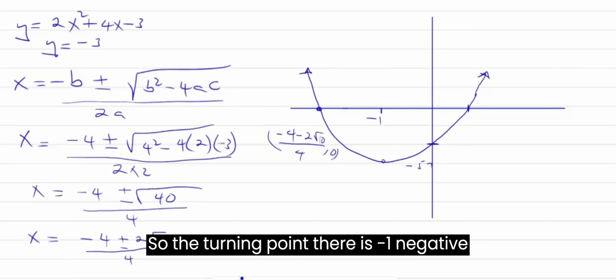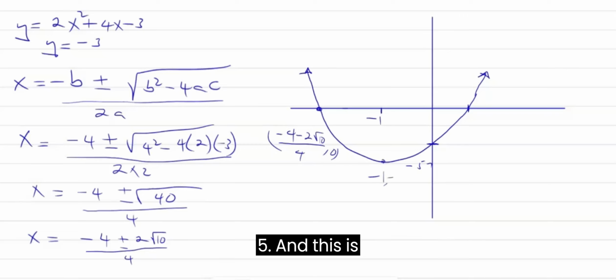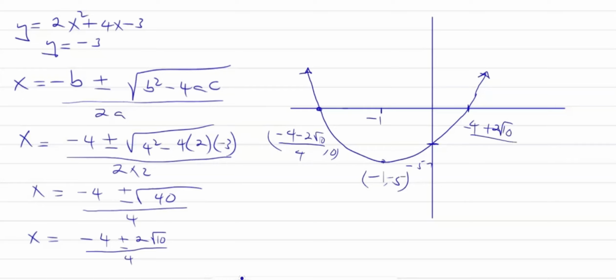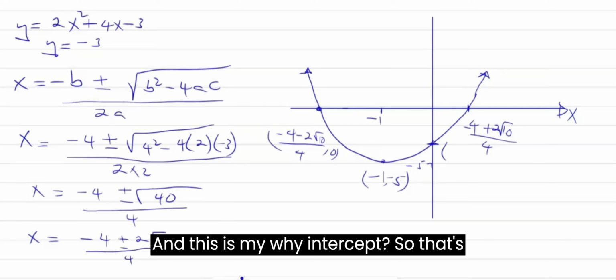So the turning point there is -1, -5, and this is my positive side over 4, and this is my y-intercept, so that's going to be 0.